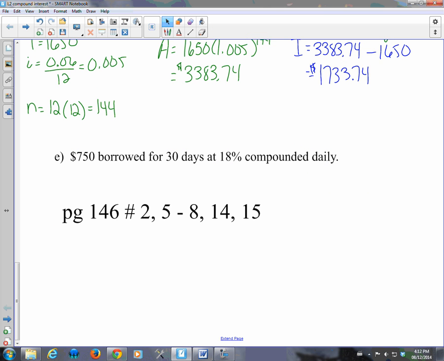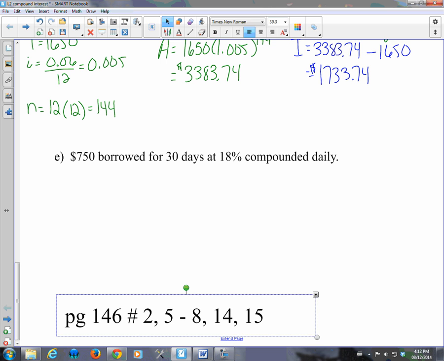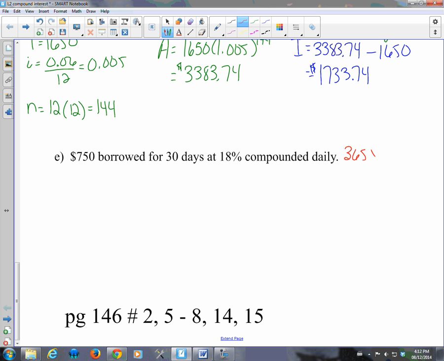One more quick example, when it's compounded daily, means 365 times a year. My principal is $750. My interest rate is 0.18 divided by 365.